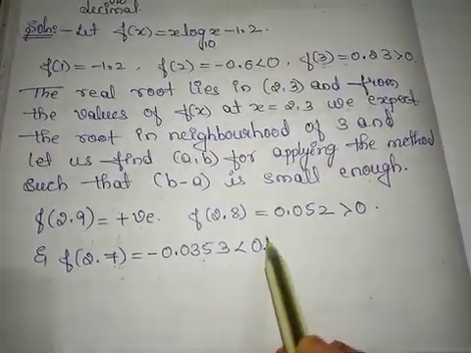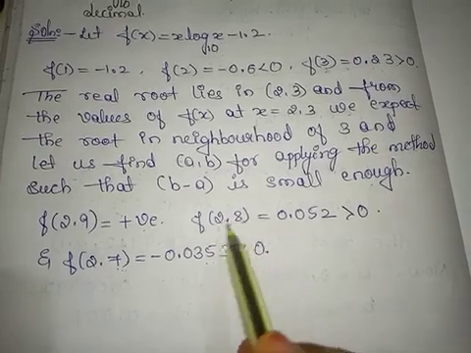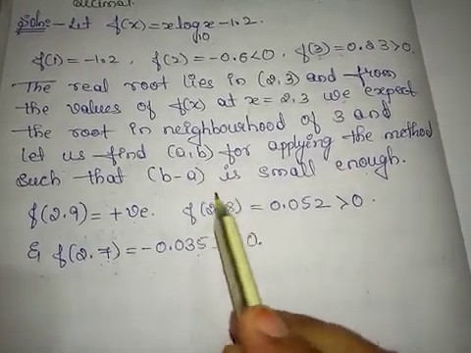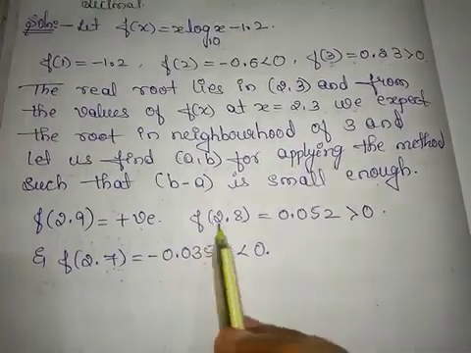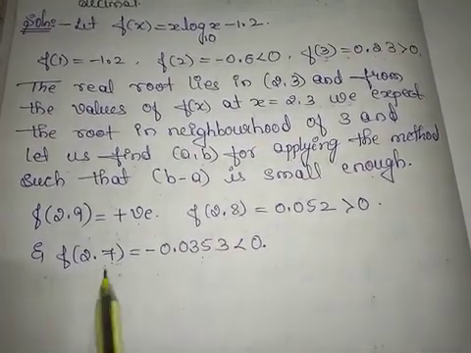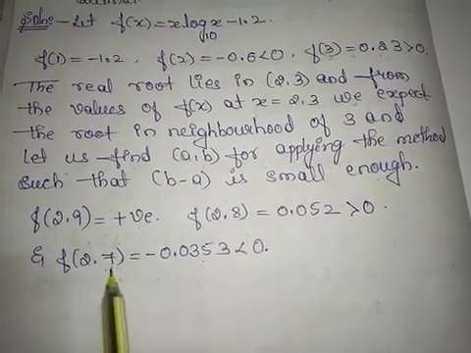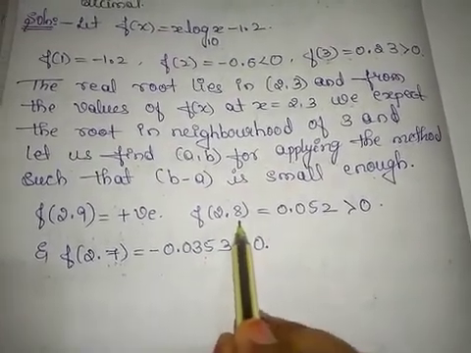So we have to consider the values of a and b in such a way that b minus a is small enough, right? So we have to take a as 2.7 and b as 2.8. Okay.